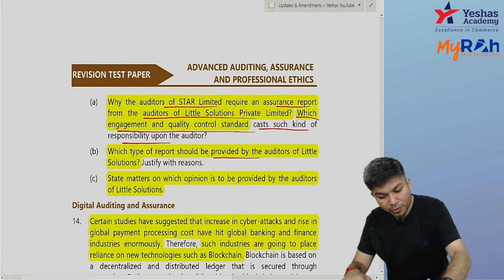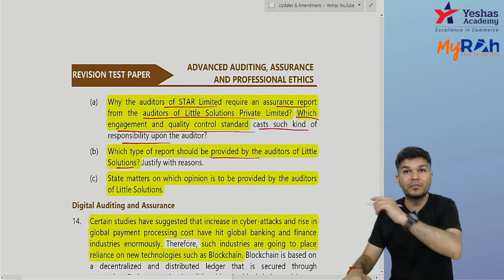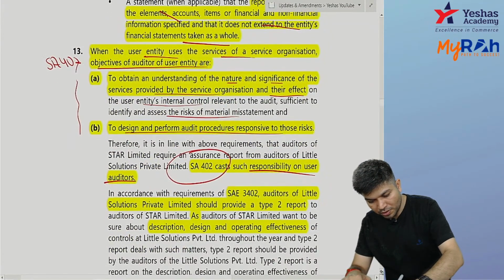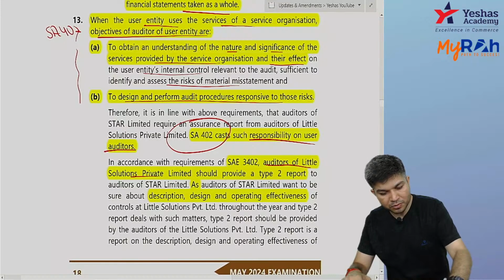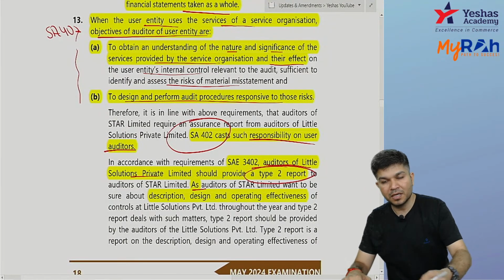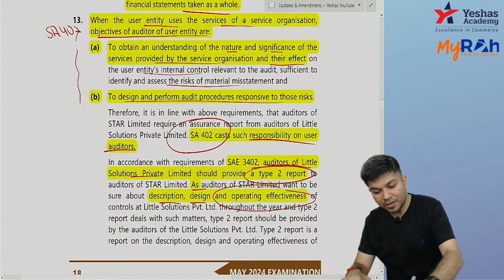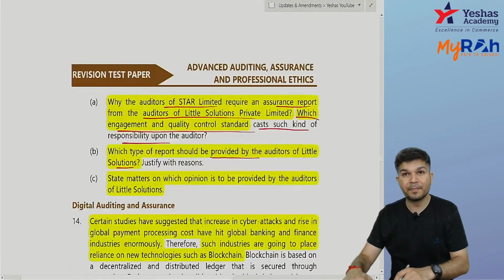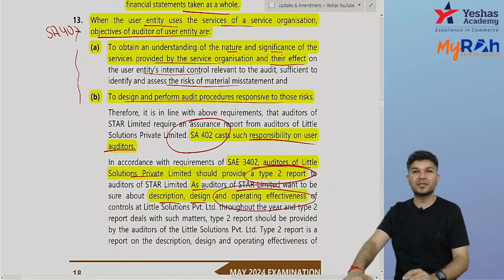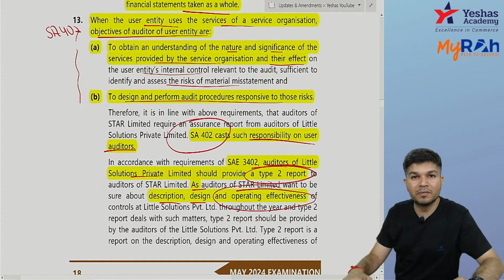Which type of report should be provided by the auditor of the service organization? Type 2. So the auditor of Little Solutions Private Limited should provide a type 2 report, as the auditor of Star Limited wants to be sure about description, design and operating effectiveness. And state the matters on which opinion will be provided by the auditor of the service organization. The service organization's auditor will write what? The above description is accurate.